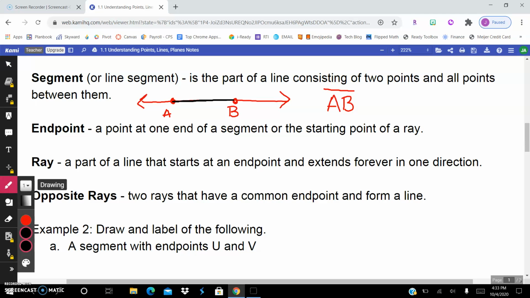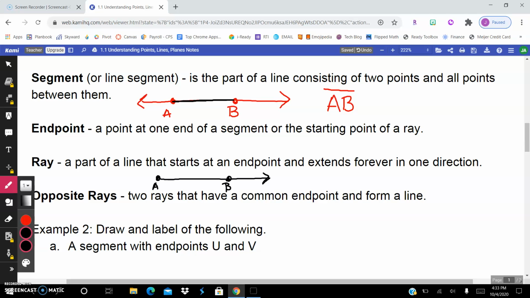So a ray looks like this. We have a point with an arrow. This point could be called A, and we have another point on that ray somewhere, at least another point. We'll call it B. So that's a ray. It starts at point A and continues through point B forever in that direction. It doesn't go in both directions. It only goes in one.